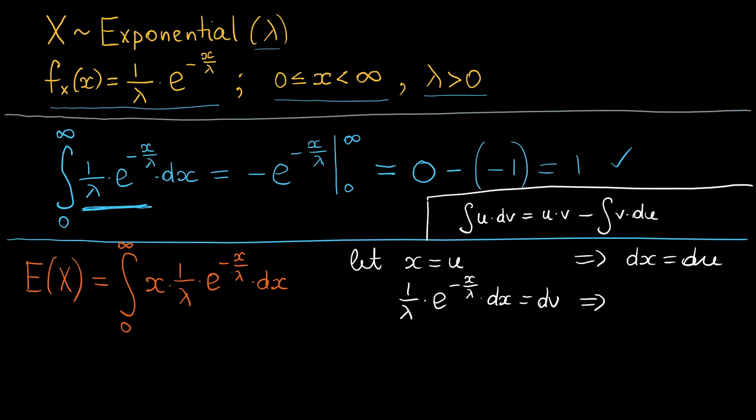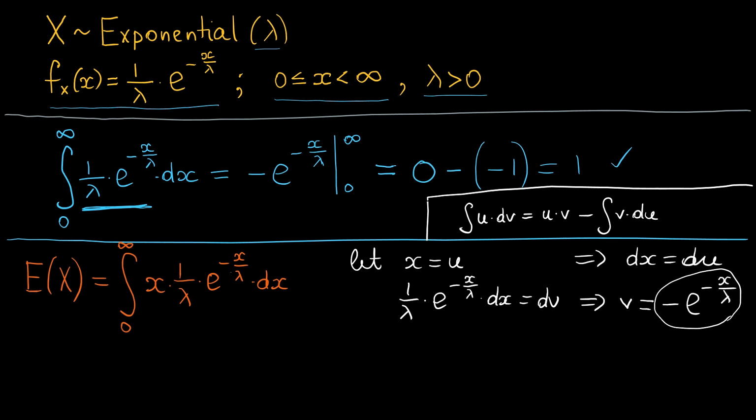We've already looked at it before, and so v will have to be minus e to the power of minus x over lambda. Right? Let's check: if we were to take the derivative of this, we've got a minus here in front and a minus in the exponent, which will give us a plus. And then we'll have the 1 over lambda and e to the power. Okay, so that looks correct.